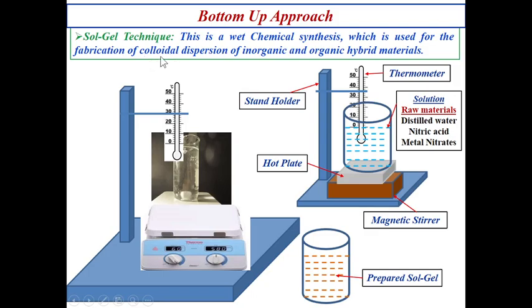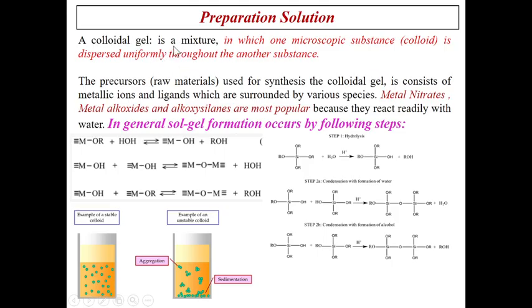The colloidal gel is a mixture in which one microscopic substance, called a colloid, is dispersed uniformly throughout another substance. Or you just imagine the sugar is fully homogeneously mixed in the water, so sugar will be called a colloid. Sugar molecule will be called a colloid.